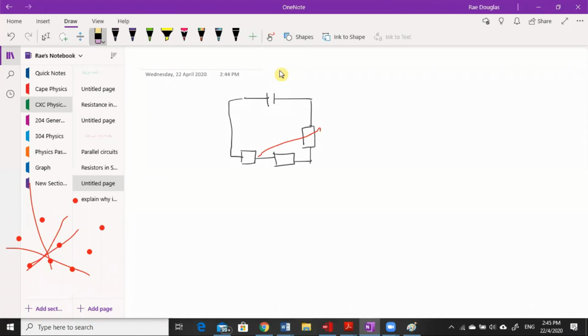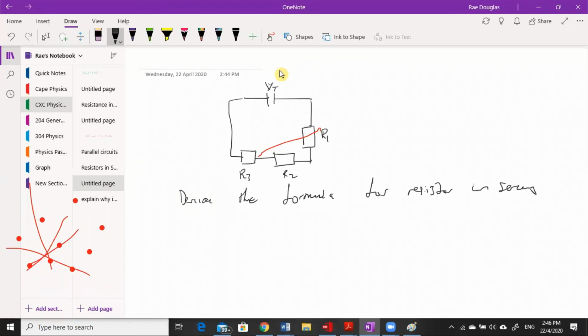All right. Now, here's our total voltage. We have R1, we have R2, we have R3. Now, the question would be, derive the formula for resistors in series.